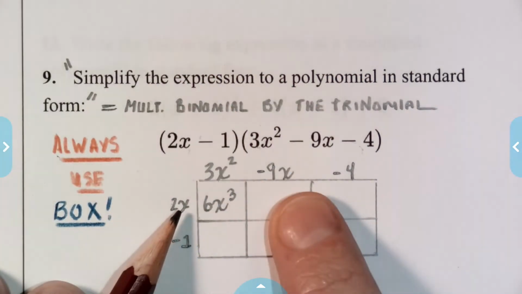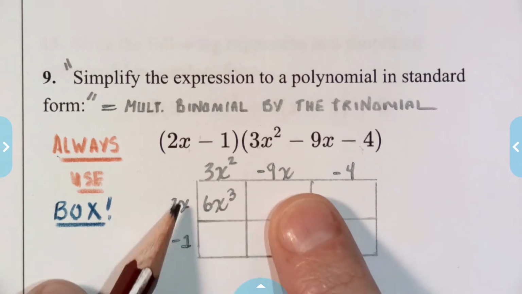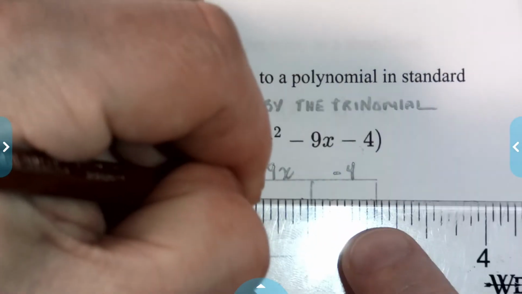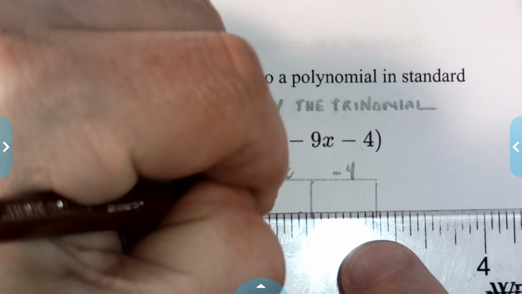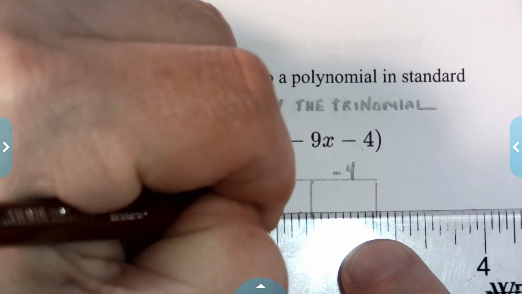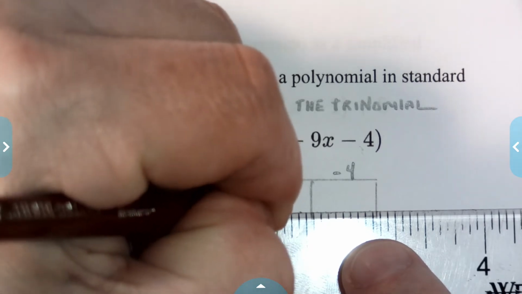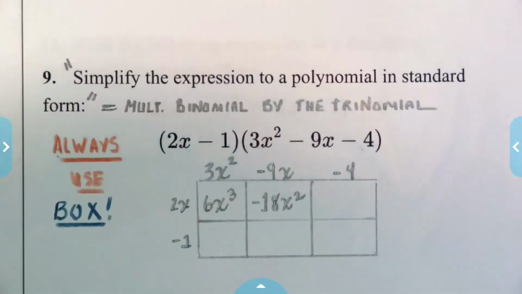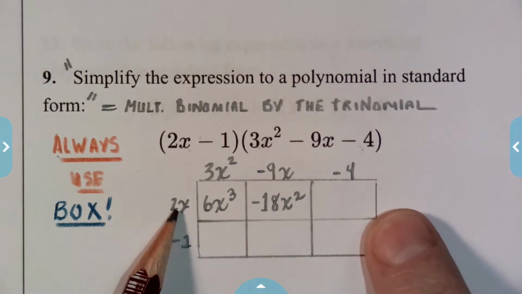Now I'm expecting a quadratic. So 2x times negative 9x is going to be negative 18x squared. Now I'm expecting a linear term, 2x times negative 4, negative 8x.